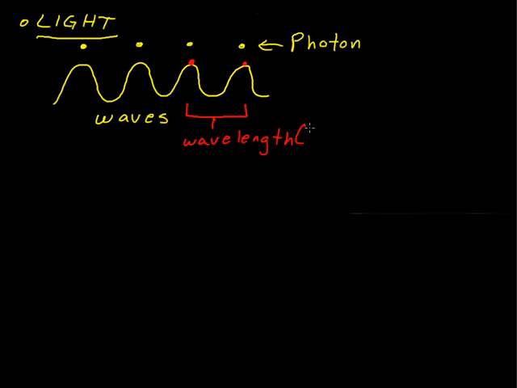Wavelength is often abbreviated with the Greek letter lambda, and that's shorthand for wavelength, basically. Now, not all light is useful to plants for photosynthesis. There are only certain types of wavelengths that plants are actually interested in. And so if we look at all of the visible light spectrum, it looks like this.